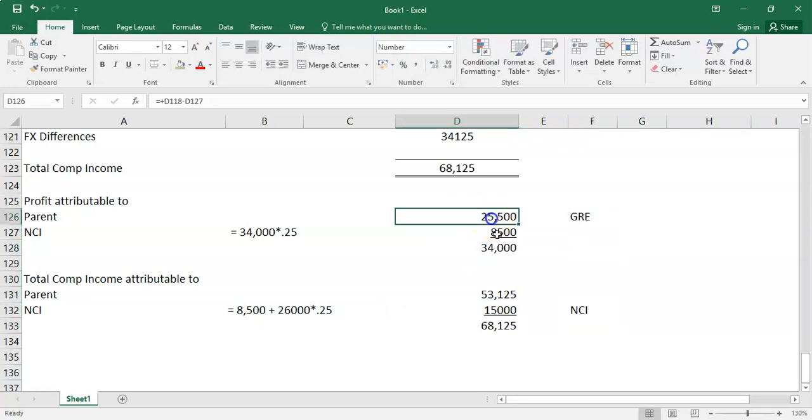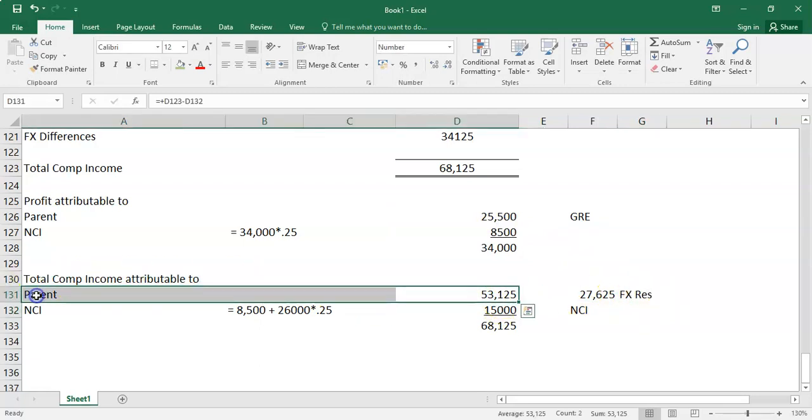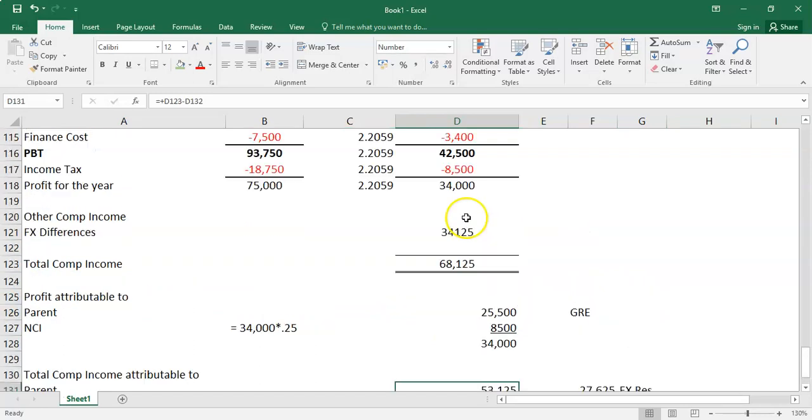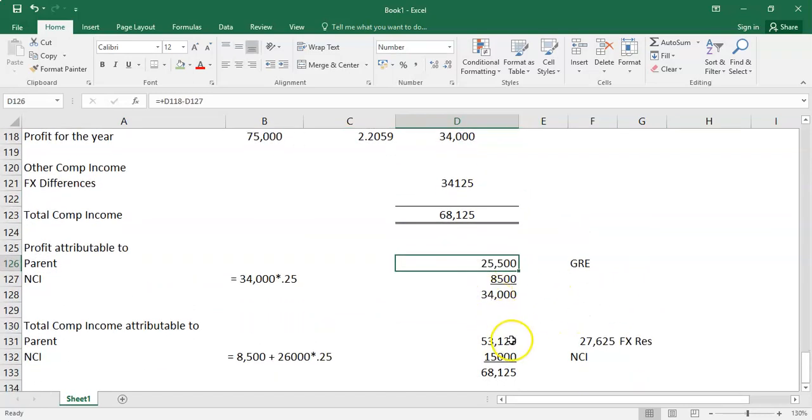And the difference here between the 25.5 and the 53, which is 27,625, goes to FX reserve for the group. So that's important. You don't just put that all into retained earnings, because that is made up of the parent's share of the 34, which is 25.5, and the parent's share of the 34,125.